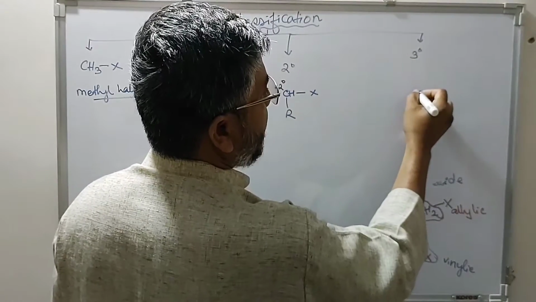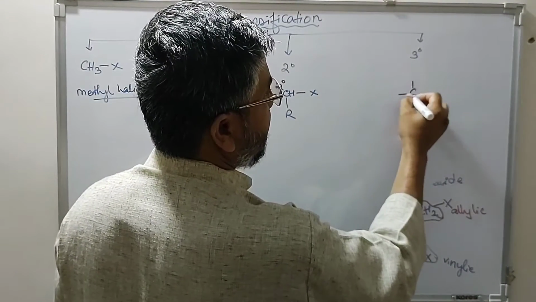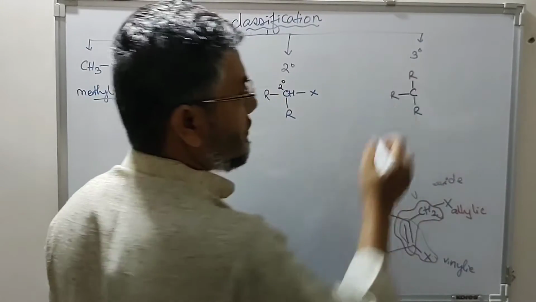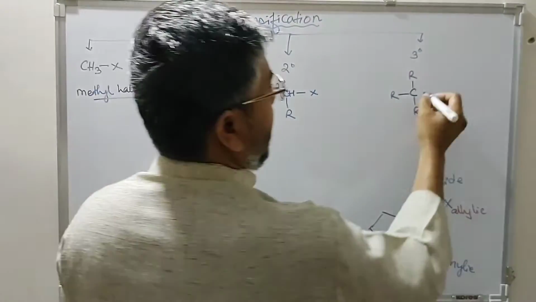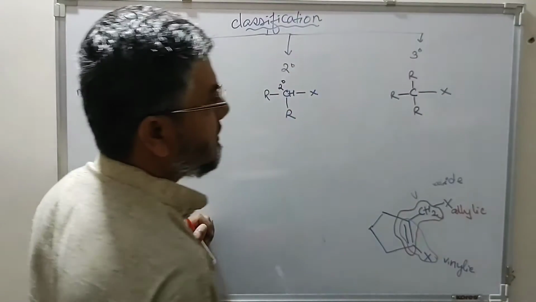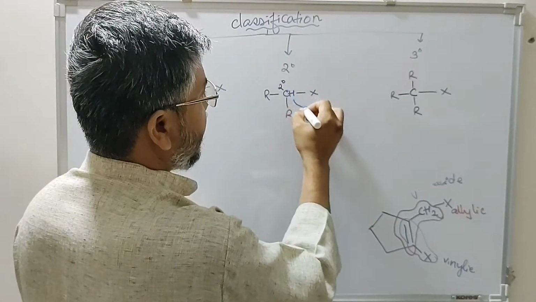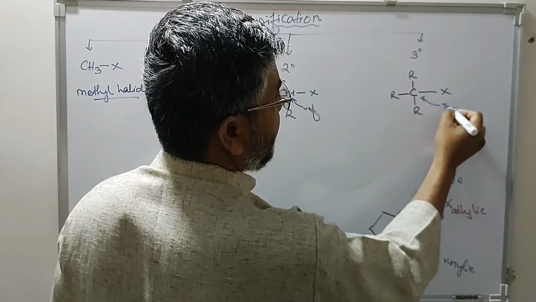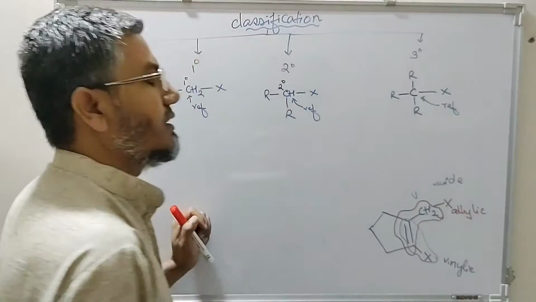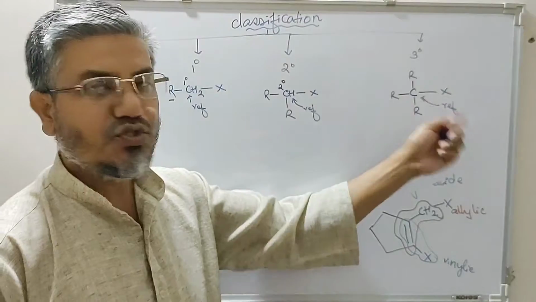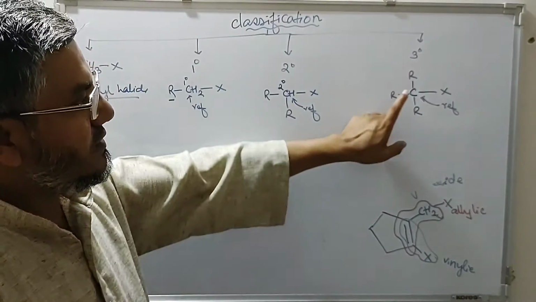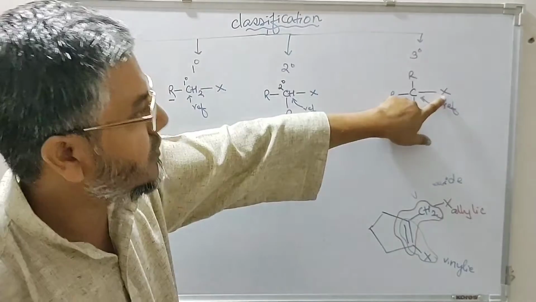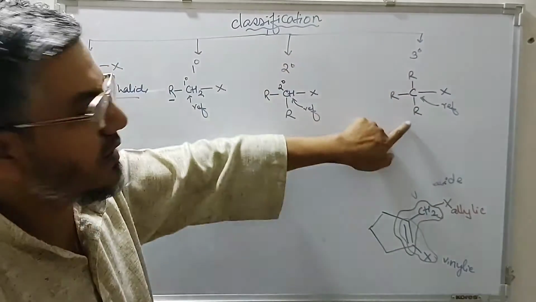If the carbon bearing halogen is bonded to three other carbon atoms, R is your alkyl group. This is halogen. Now look at this. This carbon is my reference carbon because this is the carbon in which halogen is bonded. So this carbon bearing halogen is bonded to three other carbon atoms.